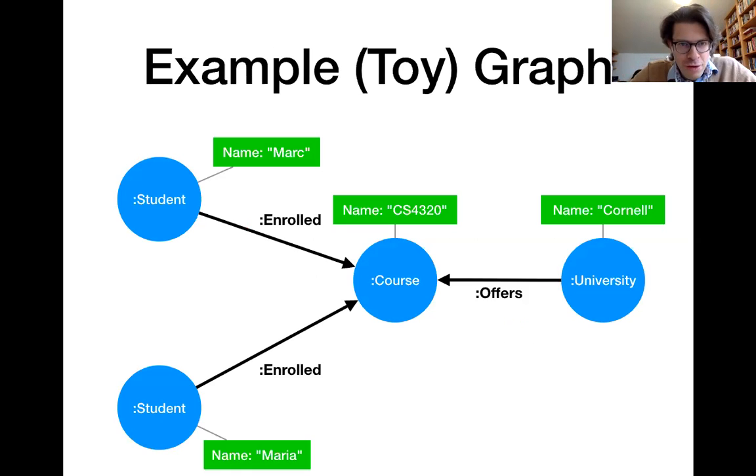So here we have two students, Mark and Maria, who are apparently enrolled in the CS4320 course. And on the right-hand side, we have the Cornell University node, which offers the CS4320 course. So it is a very simple example. You have nodes, edges, properties, and labels.